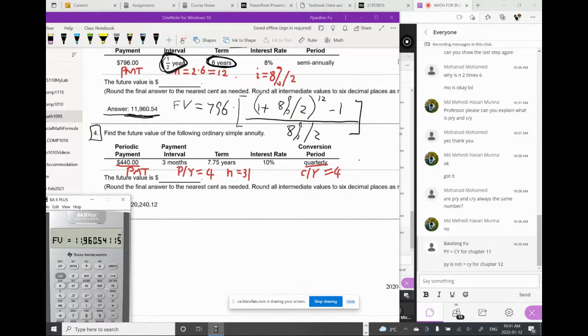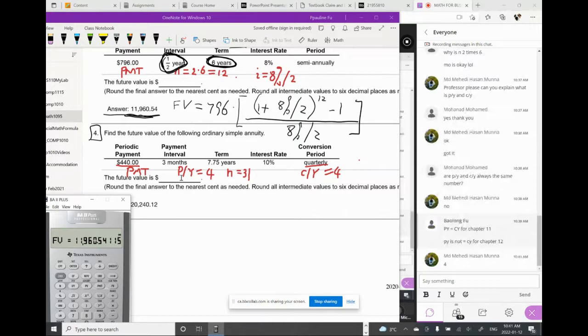When you make payment every 3 months for 1 year, how many payments do you make? 4. Hassan, great. PY equals 4. PY represents how many payments you make in 1 year.